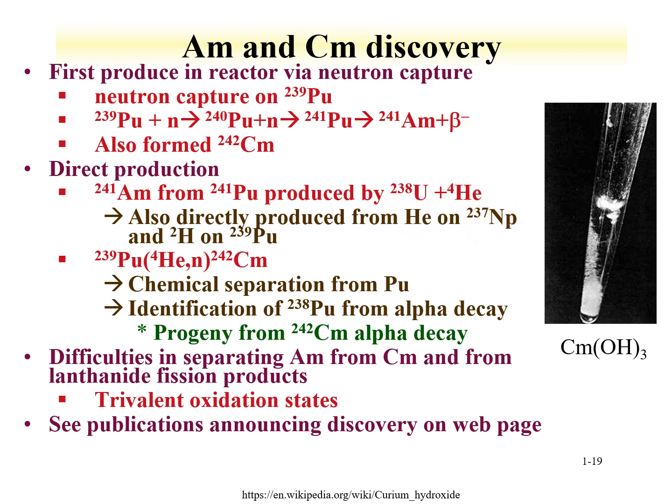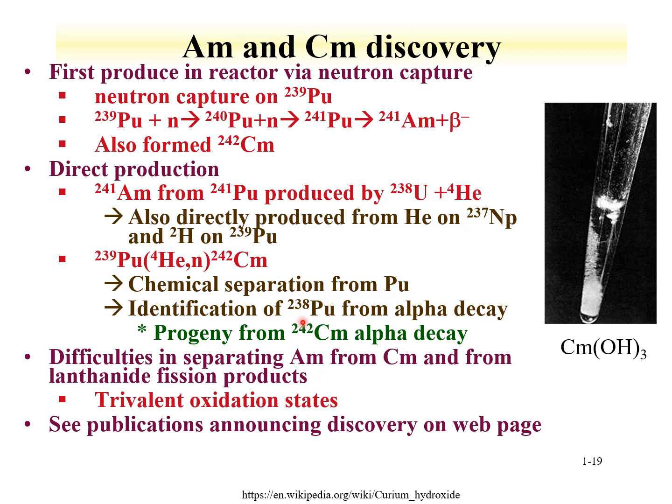The way we would write a reaction for the production of curium-242 is shown here, where one took plutonium-239, bombarded it with helium, a neutron would come out, and you would make this curium-242.